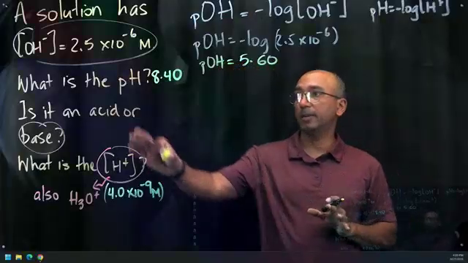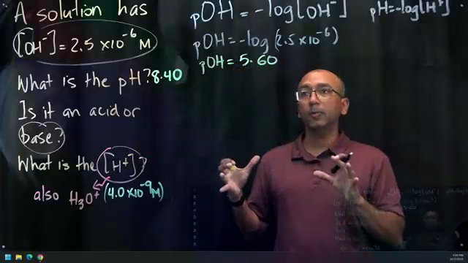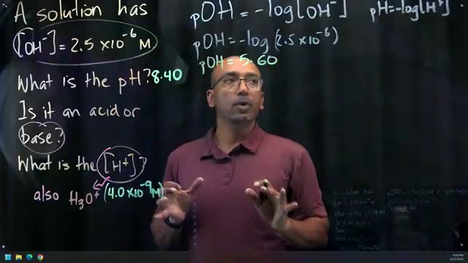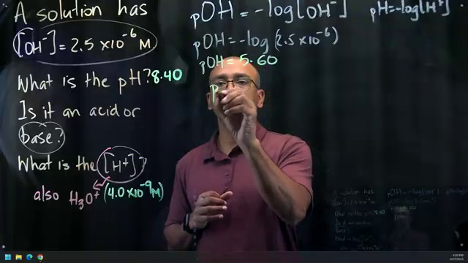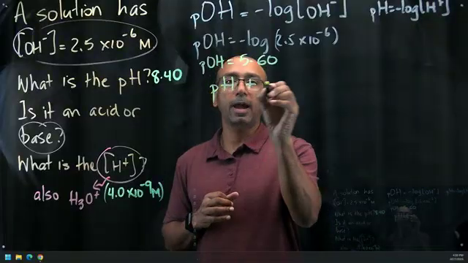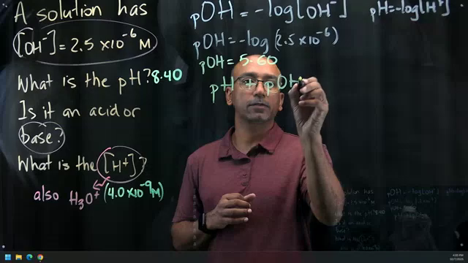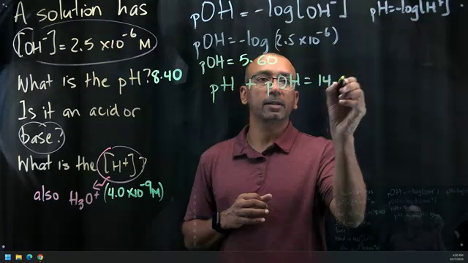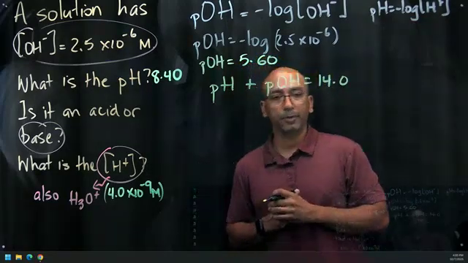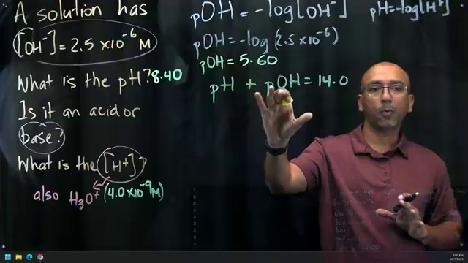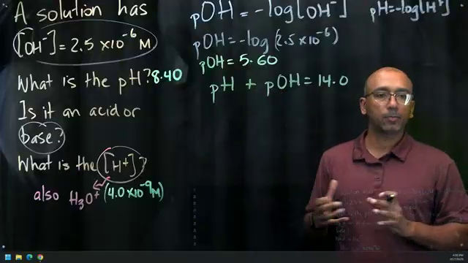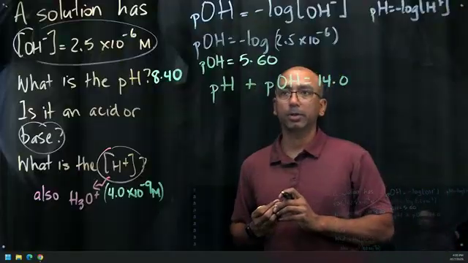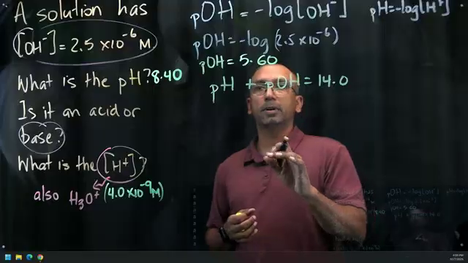Now remember, I wanted to find the pH, right? So how this is helpful is as follows. When you take the pH of a solution and add it to the pOH of that solution, you always end up with 14.0. This is just another way to express that ion product relationship we saw earlier. So what I just found here was the pOH.